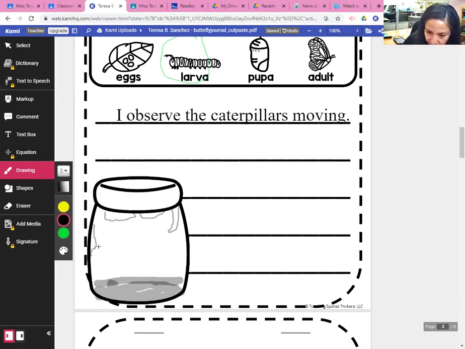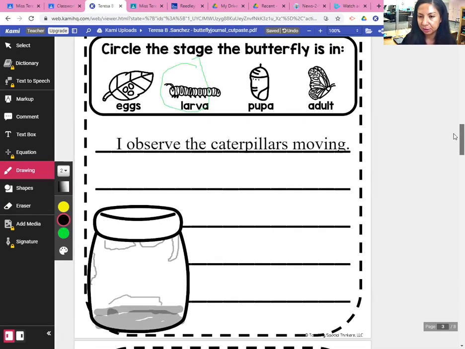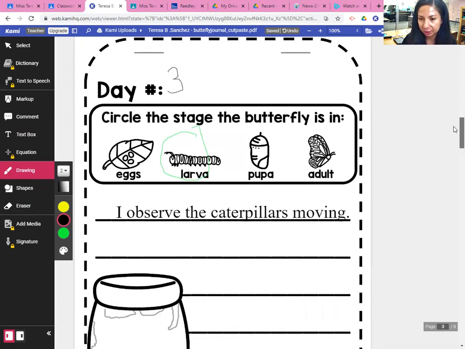One of them is sort of just hanging out at the bottom down here. Okay, so those are our caterpillars. That's our observation journal for today, day 3. They're still in the larva stage and they're moving around.